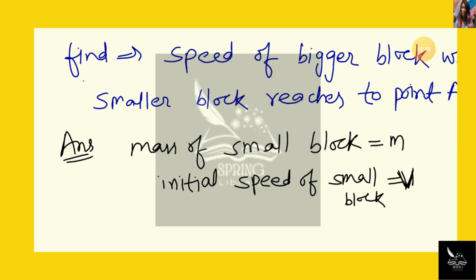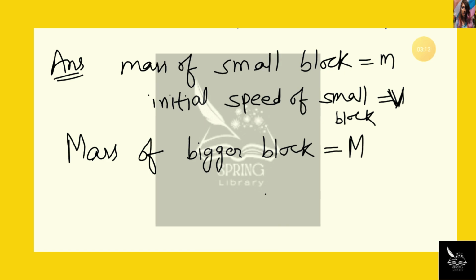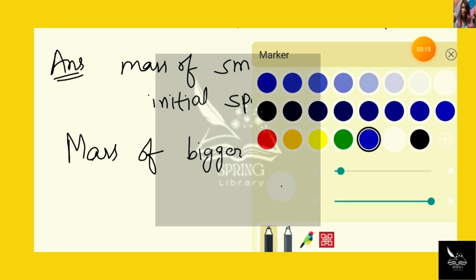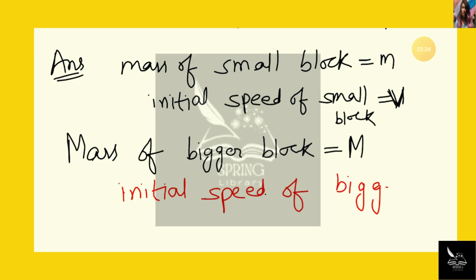The mass of the bigger block is capital M, and the initial speed of the bigger block will be 0, because the bigger block is at rest, so it has no velocity or speed.